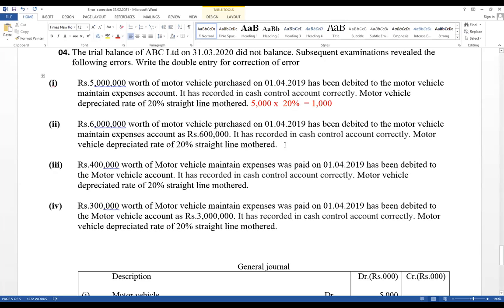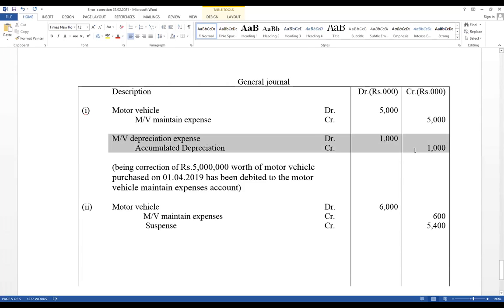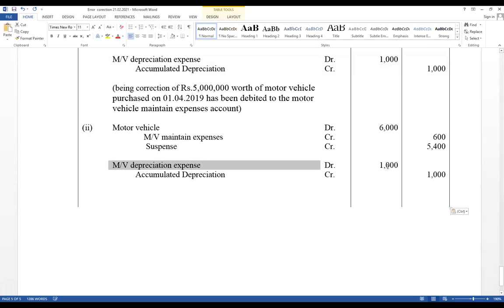Depreciation should be calculated based on cost value 6 million, values in thousands 6,000, at 20% annual rate. Value 1,200.